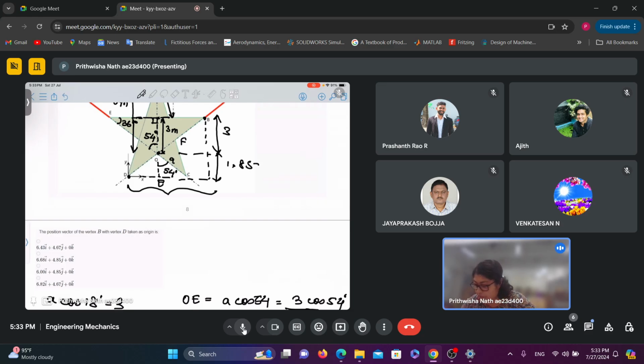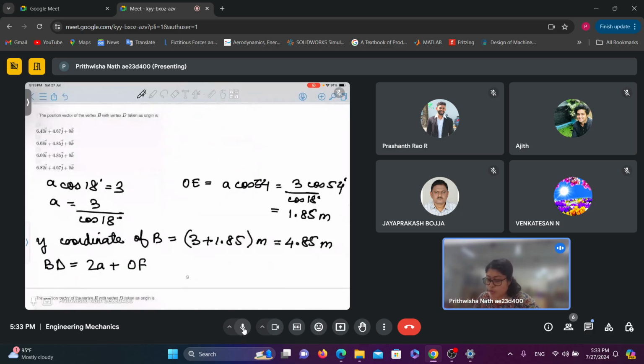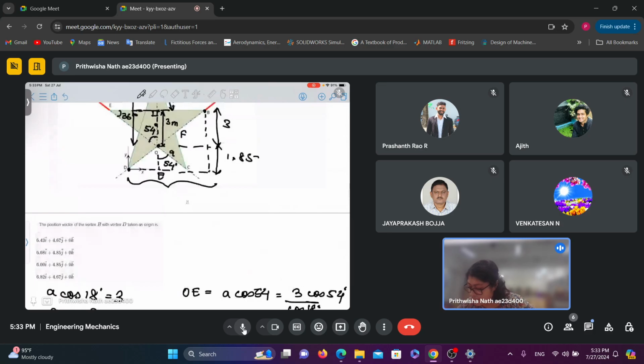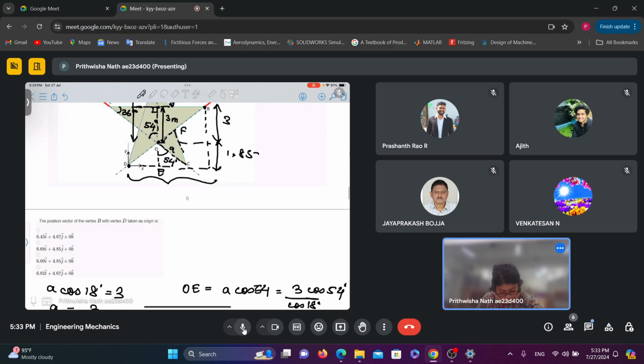The length of BF is A, length of OD is also A, so it becomes 2A plus length of OF. Now from triangle OCF, from this triangle I can find out the value of OF.